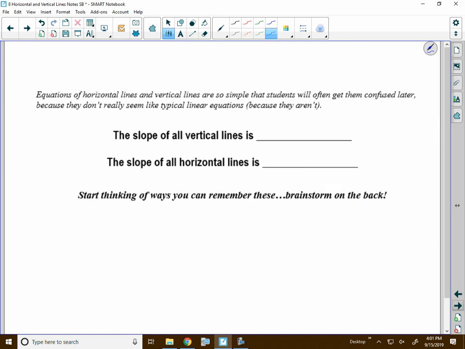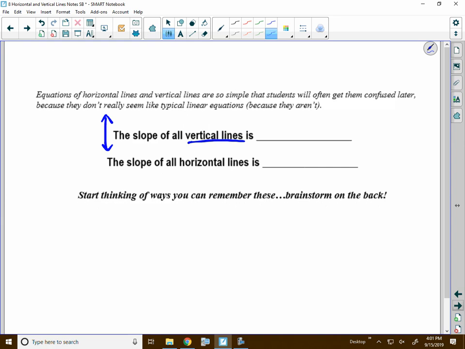So let's bring it all together. Equations of horizontal lines and vertical lines are pretty simple, but they're easy to get confused later, because sometimes they don't really seem like a typical equation. So I want you to think vertical. If you need to draw an example, here's a vertical line.